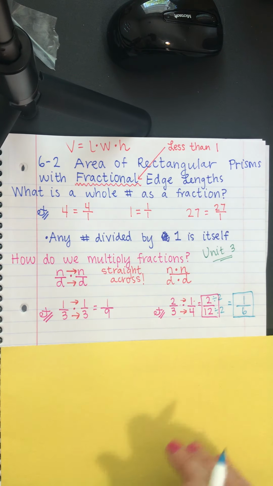Okay, so for an example with a prism, here I have a prism. It's 1 unit by 1 unit by 1/2 unit. So up here at the top, I have volume equals length times width times height, which we did yesterday in lesson 6-1. So I just need to multiply all of those together. So I'm going to do 1 times 1. Those are both whole numbers, so they're really just 1 over 1 times 1/2.